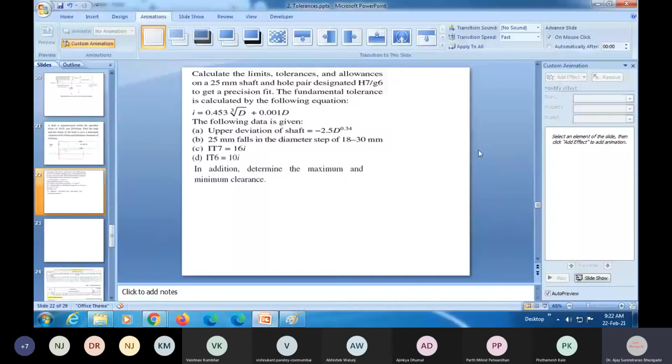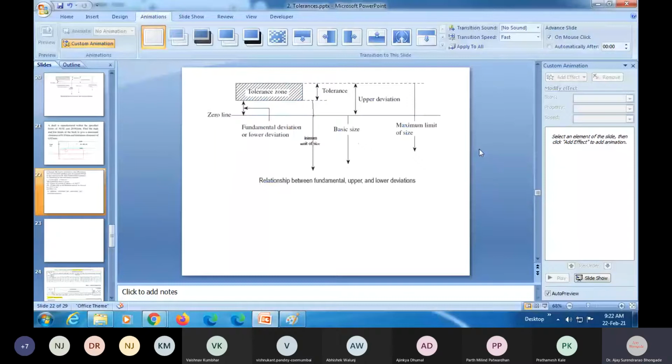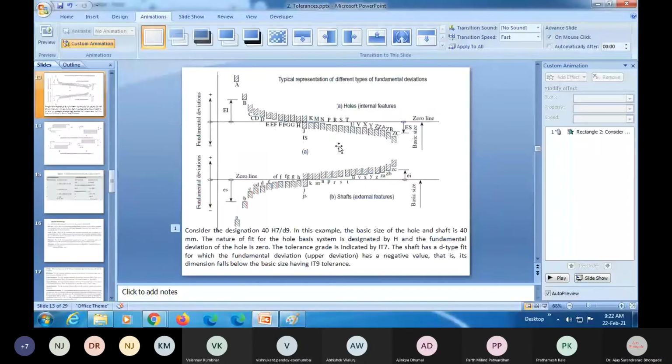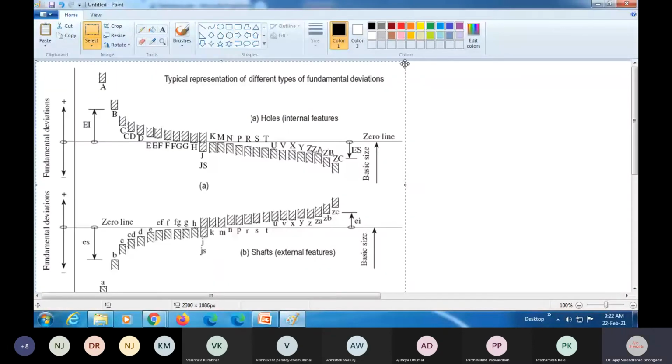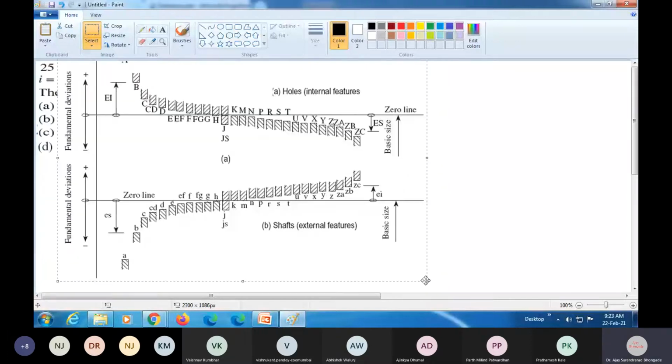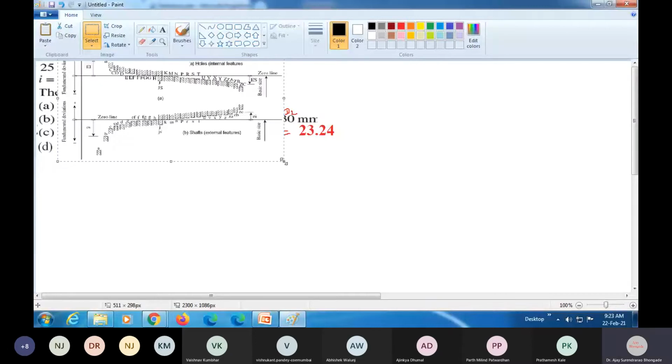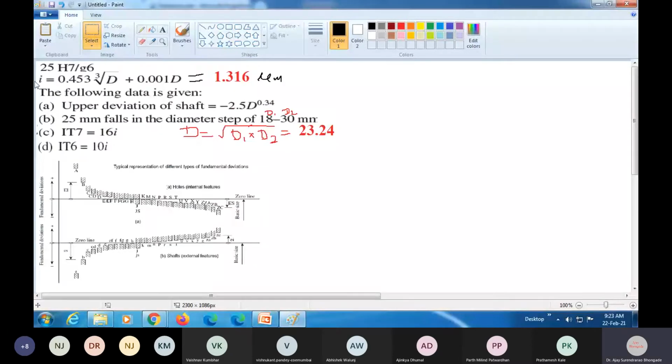If I go back to this chart and try to understand its meaning, we have this particular value, 25H7G6.